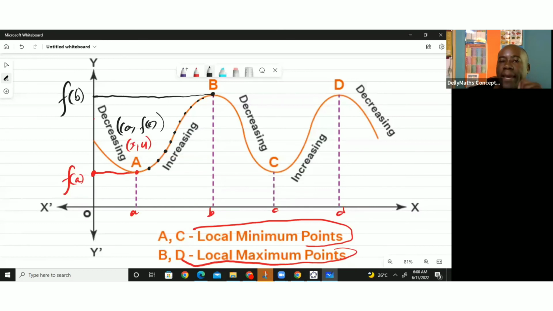But when we reach B, we will get neither a positive nor a negative. It will be 0 for our gradient. If we find the gradient when the curve is decreasing at all of these places, we would get a negative gradient until we reach C, where it is a local minimum, where we will get neither a positive nor a negative because the gradient will be 0.